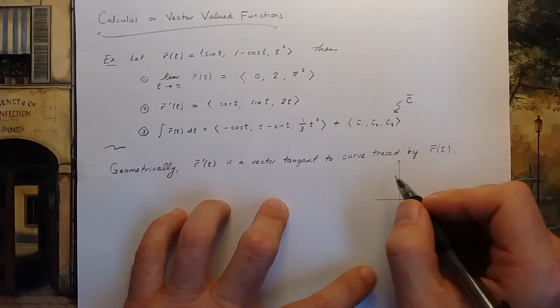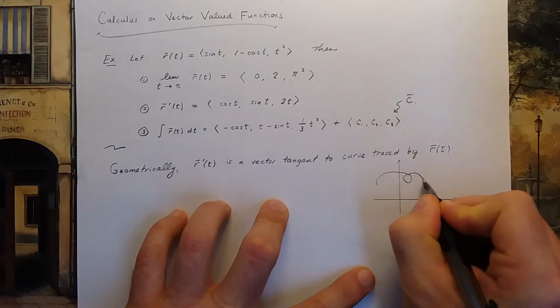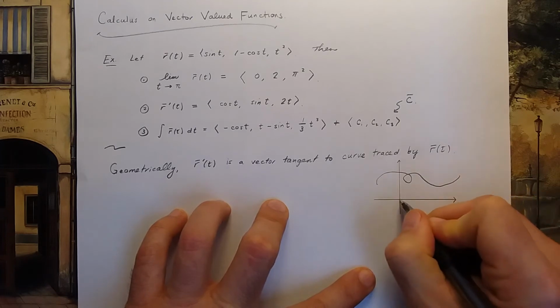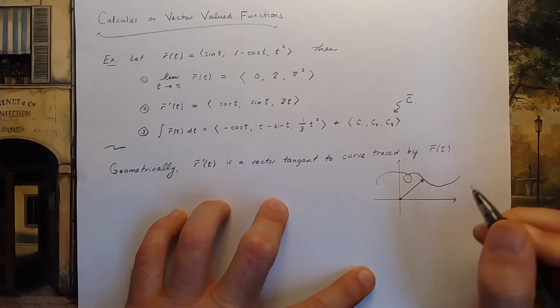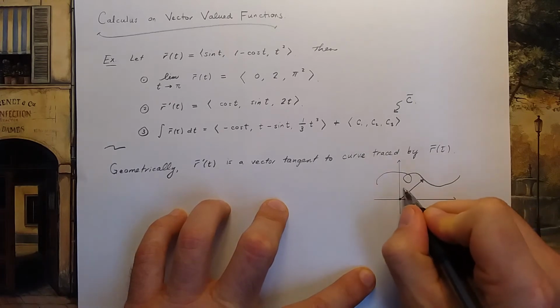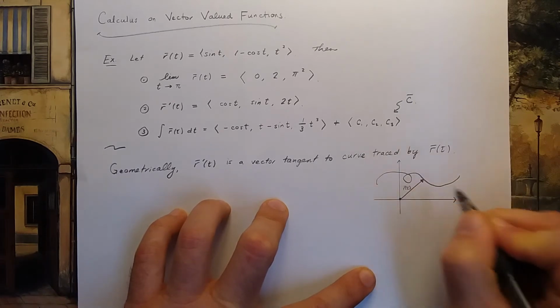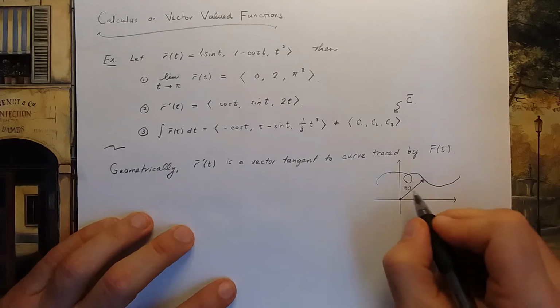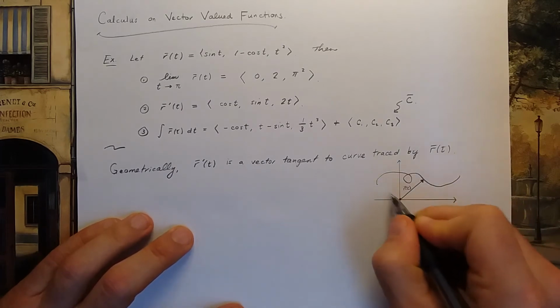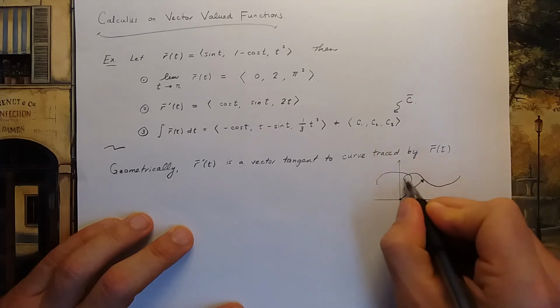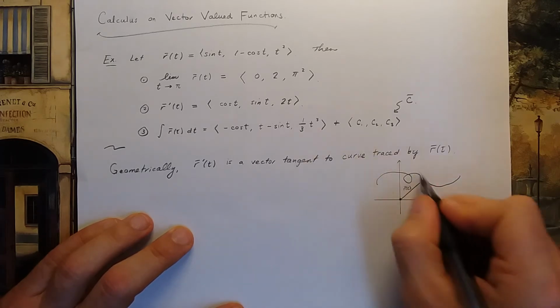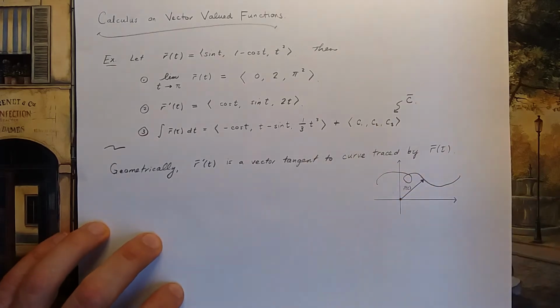So I've got some vector-valued function. That means that here, for example, is the vector r of t. The vector points to different places on this curve, and as t changes, I trace out the path of some particle or something.